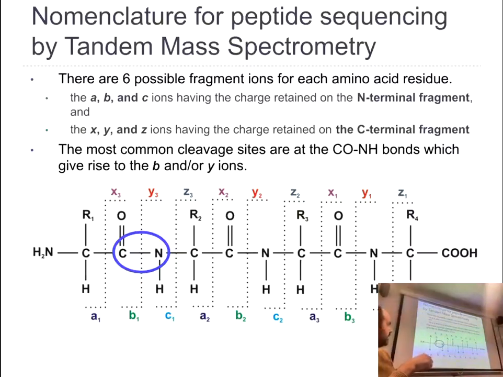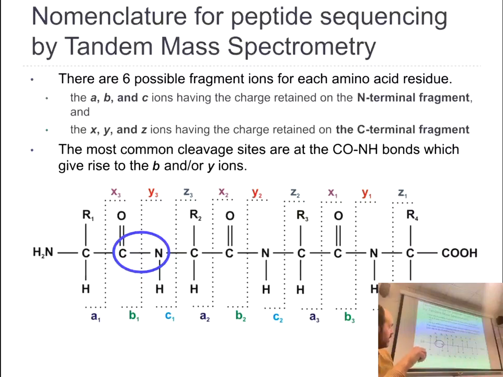So it's going to be B1, B2, B3, B4. I thought you called them ABC. ABC is because this is the nomenclature. I mean, try to ignore the other ones. The A is if this bond fragments, the CC bond. B ion is if it's your CN bond. Now the corresponding thing of this is the Y ion series.